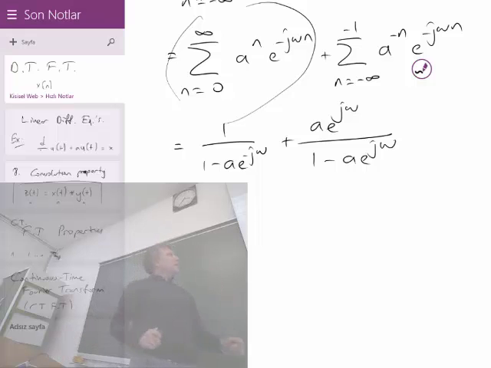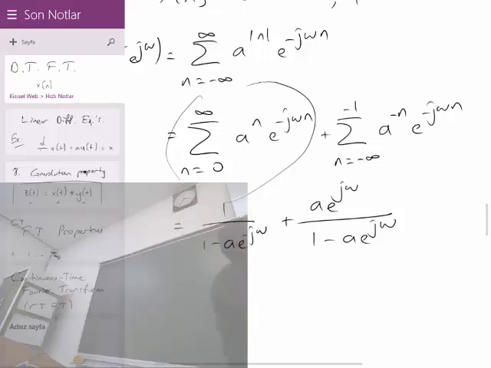So what I mean is this. If the second summation is from minus infinity to 0, then you would have 1 over 1 minus a e to the j omega. So you have to subtract that one single term, because you're not going up to 0, but you're going up to minus 1.